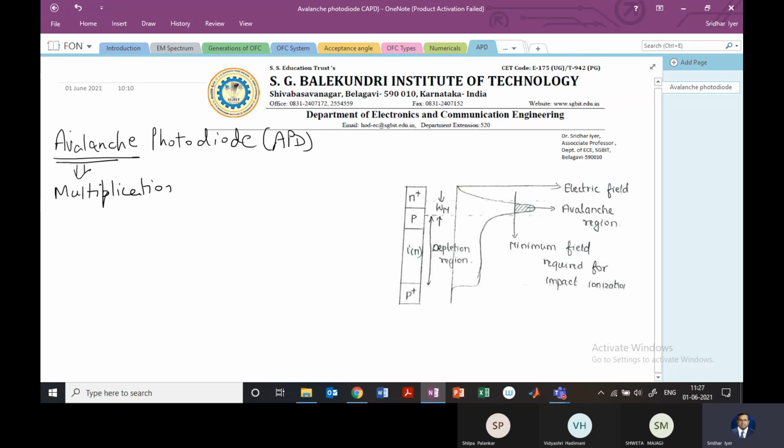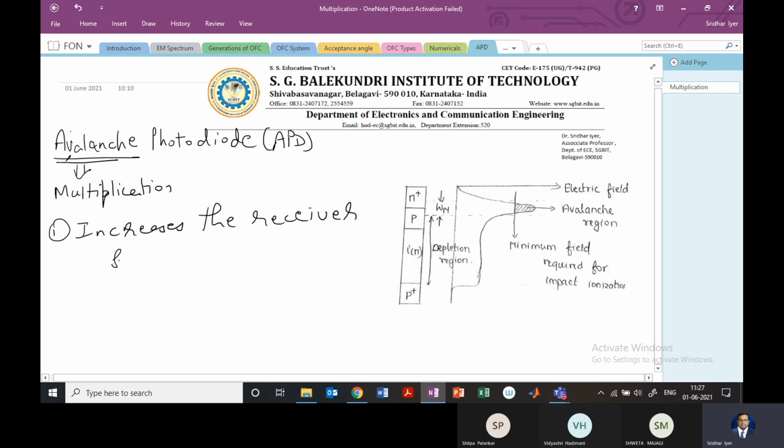Okay. So one important point of the APD, because of the multiplication, it increases the receiver sensitivity. That means it makes it more immune to noise, specifically what is known as the thermal noise.